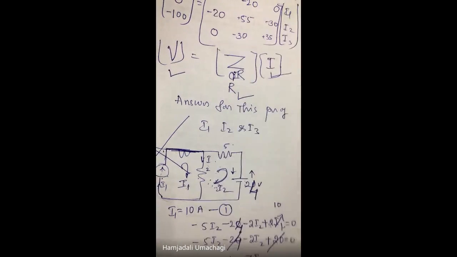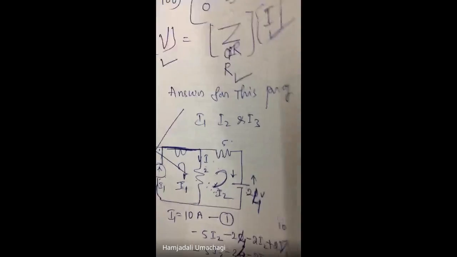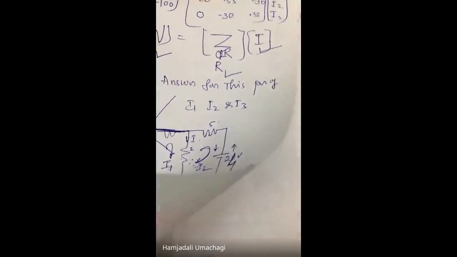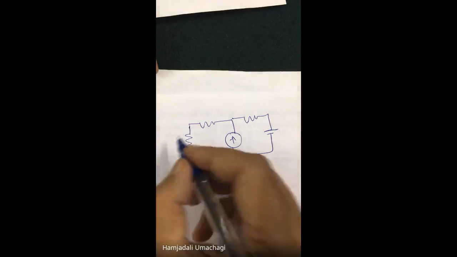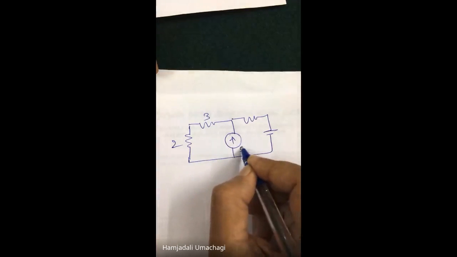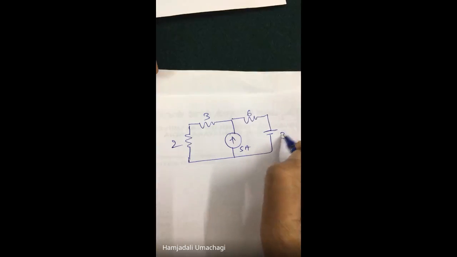Okay. See, I'll be explaining one more simple example related to this. Yes, how many loops? 2 ohm, 3 ohm, 5 ampere, 6 ohm, 30 volt.